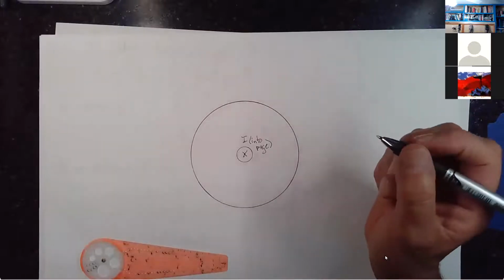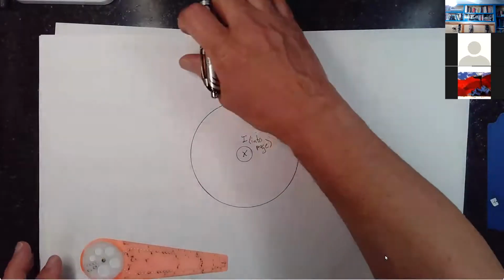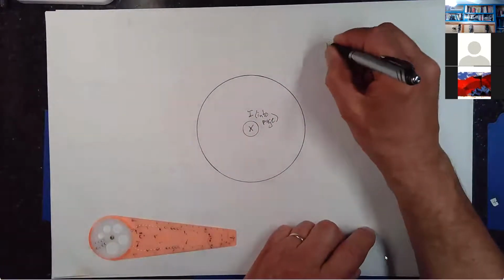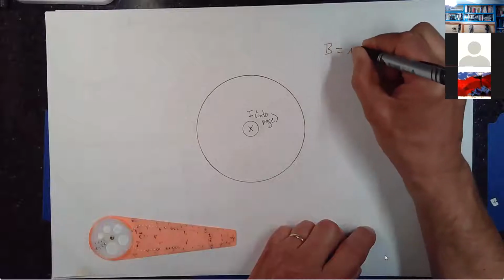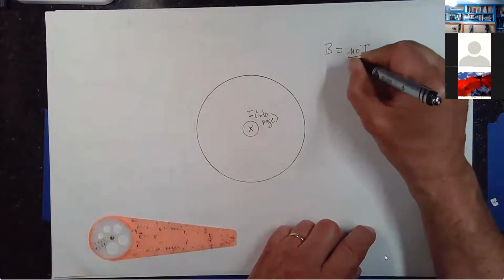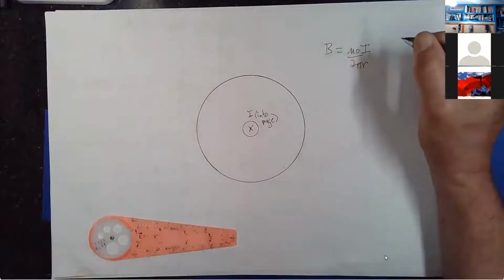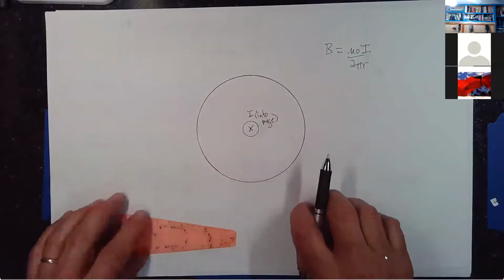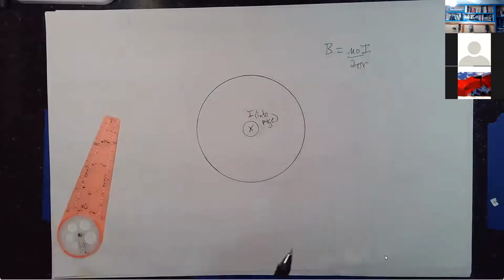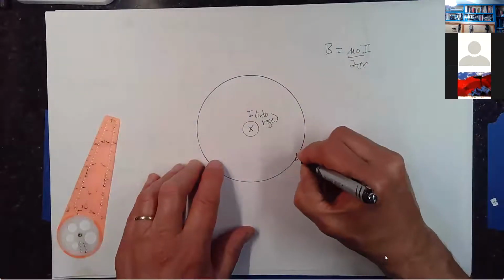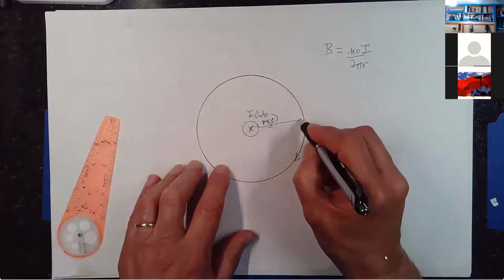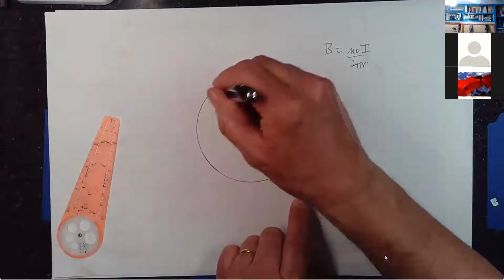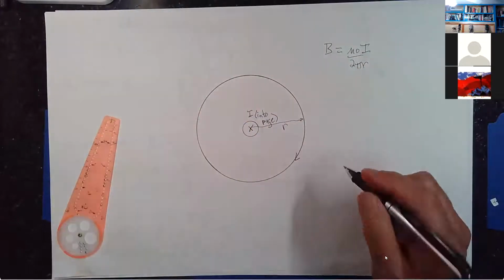We figured out last week, I think, that the magnetic field of such a current is B equals mu naught I over 2 pi r, and it's concentric circles around the wire. So at some distance r out here, the field would have a magnitude of that, and it always points along this concentric circle.